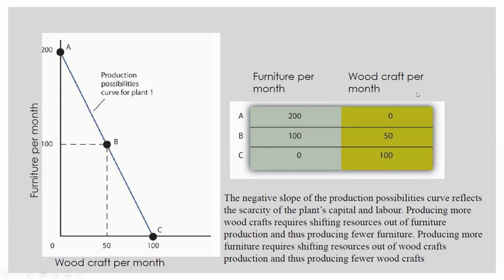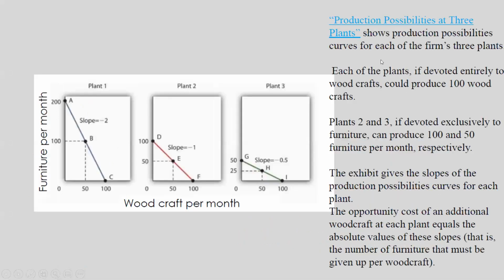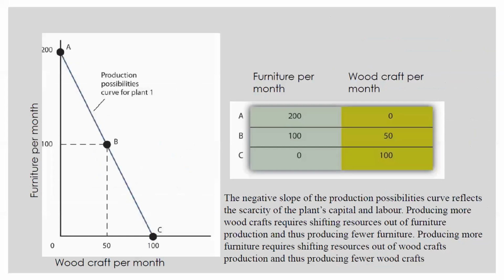To have a better understanding in this regard, we can draw production possibility curves for the three plants separately. In the previous scenario, we had a common production possibility curve for all three plants.